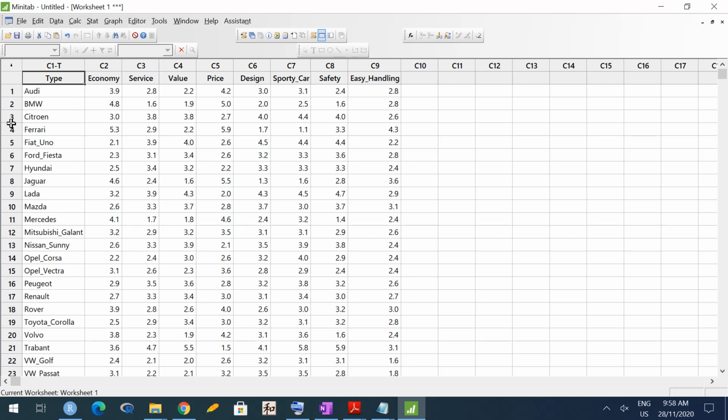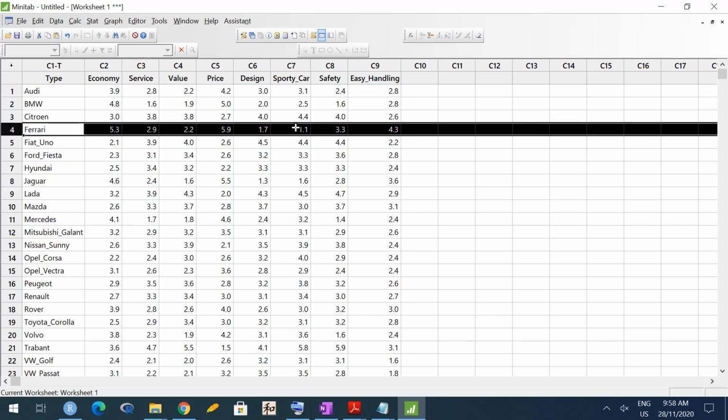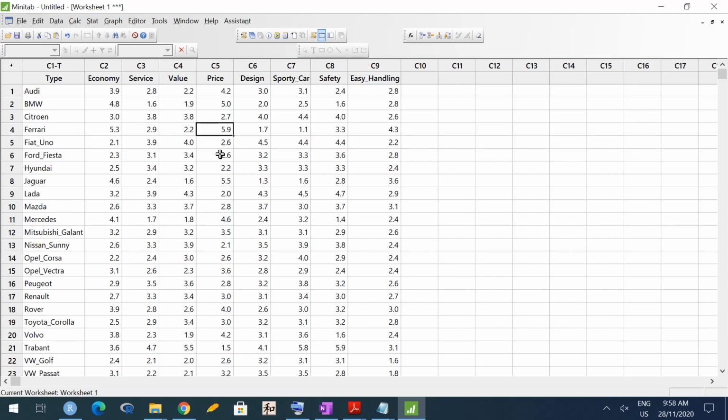You can see here, for example, for Ferrari, sportiness is 1.1, so it's very close to the best. Whereas as far as price is concerned, it's very expensive, so price wise it is bad, so 5.9. So 6 is bad, 1 is good. Remember?